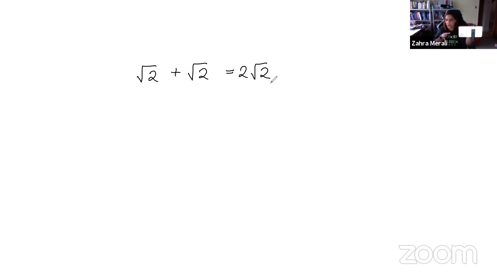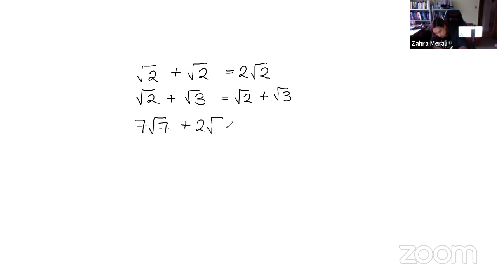But they have to be the same. If I had root 2 plus root 3, they're separate things. That's still root 2 plus root 3, because it's not adding the same things together, okay? So if I had 7 lots of root 7's plus 2 lots of root 7's, it's just 9 lots of root 7's.